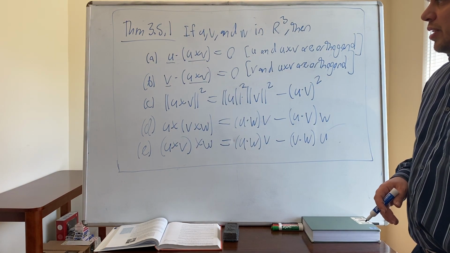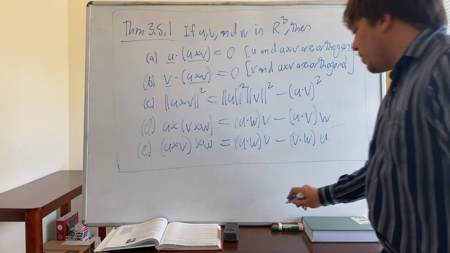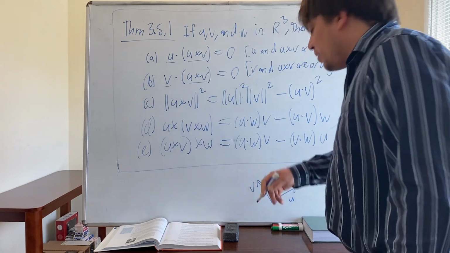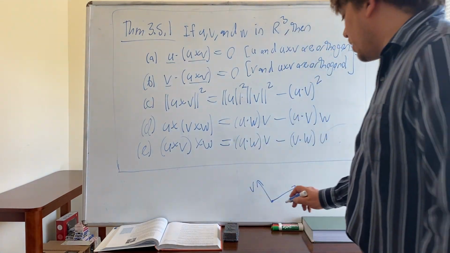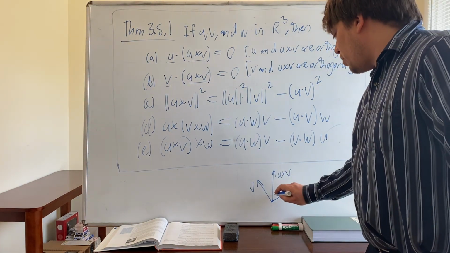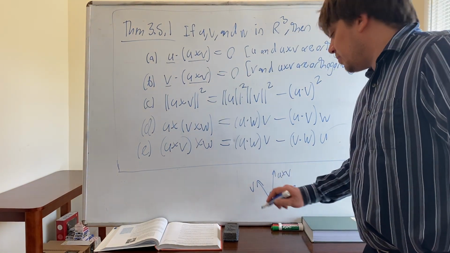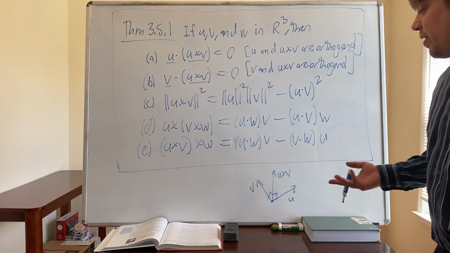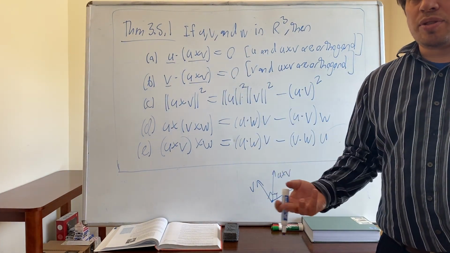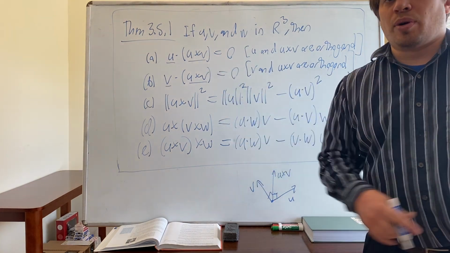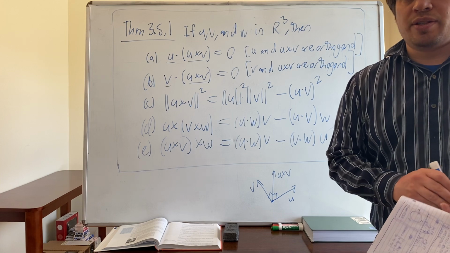So when you have 2 vectors u and v, say a vector u here and a vector v there, and you find their cross product, you get a third vector u cross v that's perpendicular to both u and v. That's what A and B are saying: the cross product of u and v is another vector orthogonal to both u and v that you used to make u cross v.